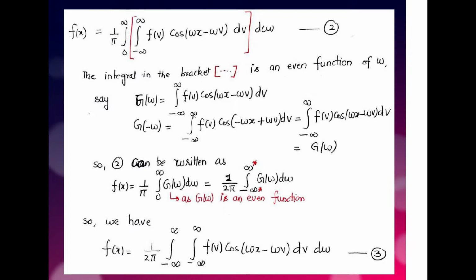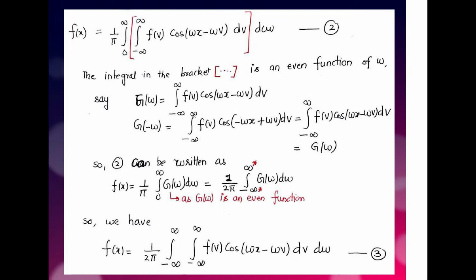So this inner integral is an even function, and we know that for an even function the integral from minus a to a of f of x dx is 2 times the integral from 0 to a. I'm just using this property, and in equation number 2, f of x can be written as 1 upon pi, integral from 0 to infinity of g of w dw.